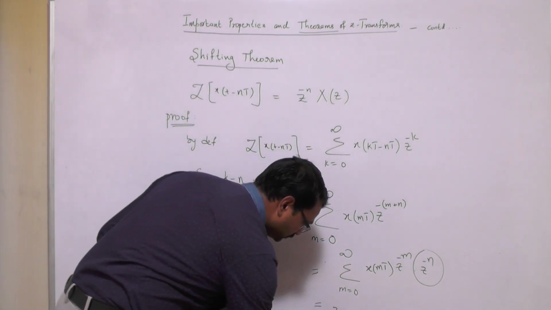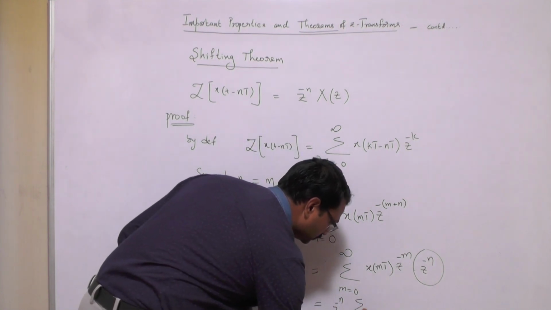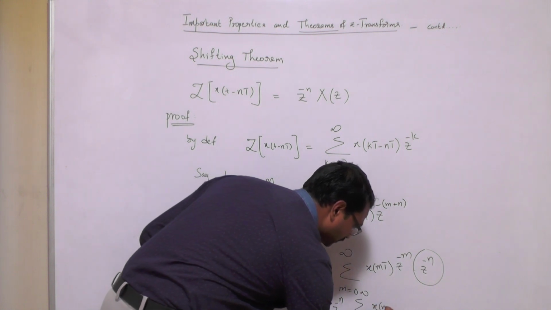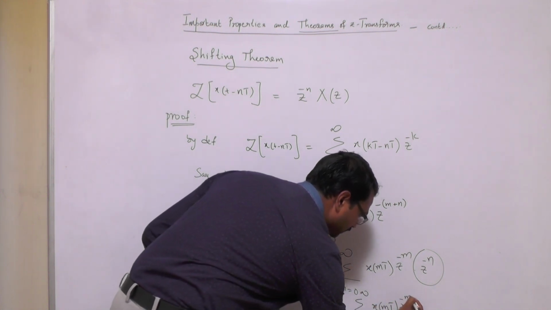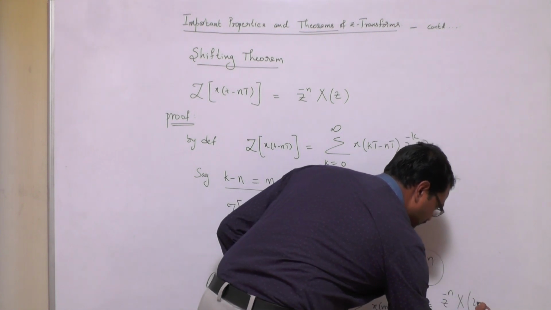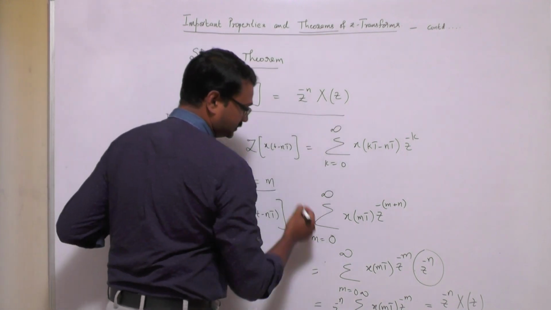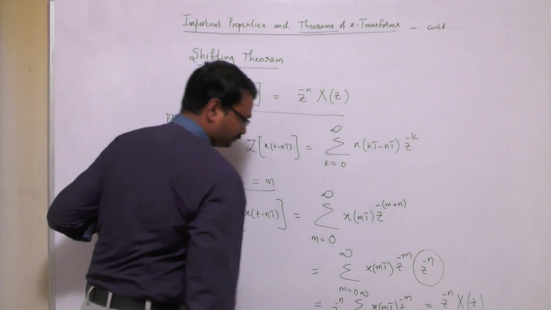Therefore, you get z power minus n sigma m is equal to 0 to infinity x of mt z power minus m. You can call this z power minus n x of z without any losses. And therefore, the proof for this is obtained.